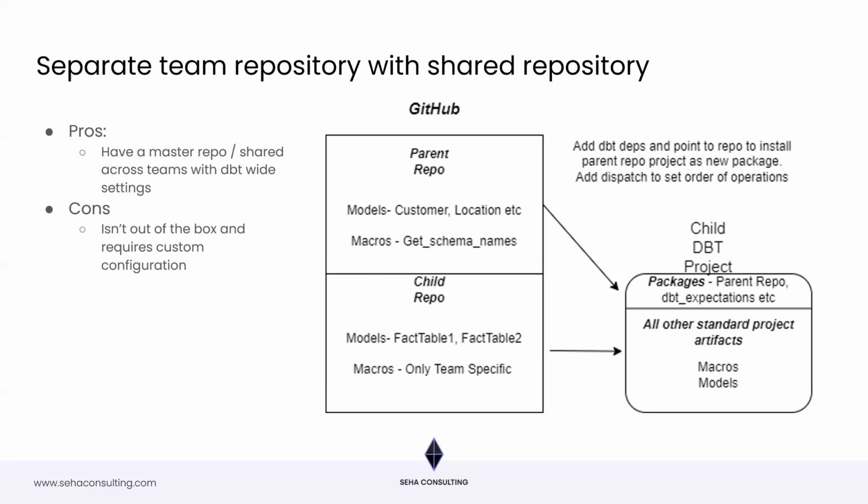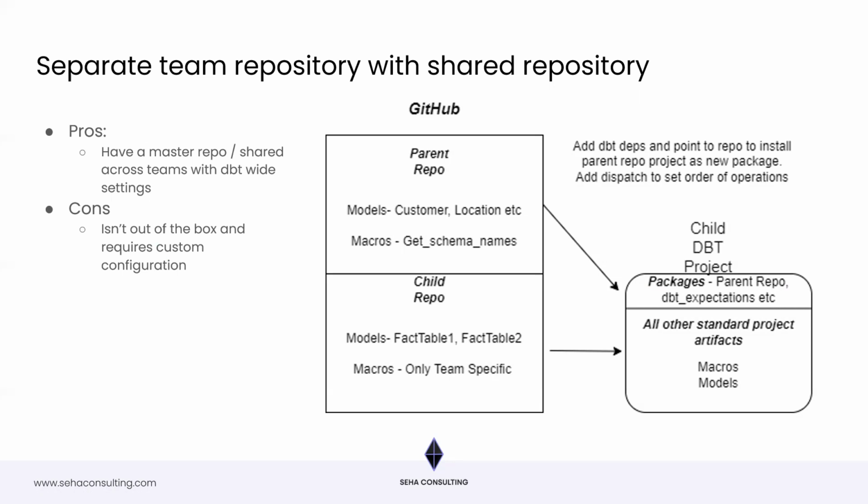And that logic typically doesn't change, or you want it centrally managed, right? You don't want each team, marketing, finance, the sales team, to have their own customer query and customer model, that select statement that they're writing. You want a shared location.